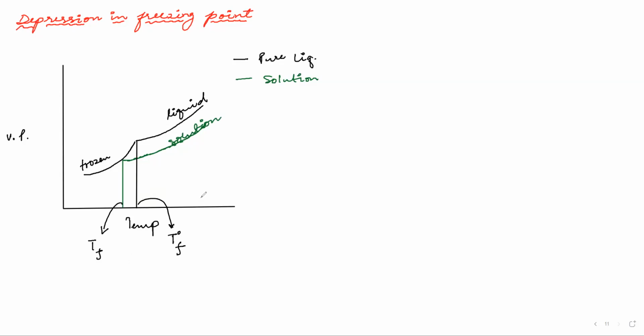Okay, and this difference here is delta TF. So delta TF is equal to, what is more here? Yes, Ahmed. What is more, TF or T0F? T0F. Yes. So T0F minus TF, because difference is always positive.